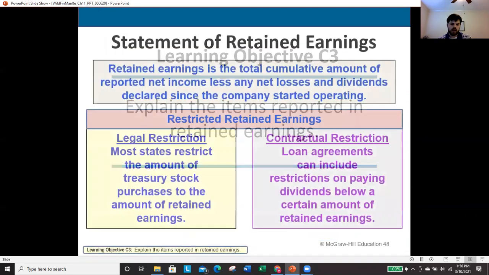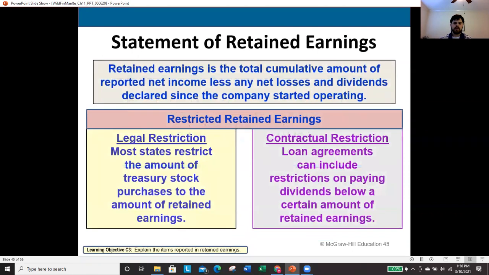Very good. Now, my statement of retained earnings will have a couple of different areas of it. So we'll see that retained earnings, of course, is the cumulative amount of reported income less any net losses and dividends declared since the company began operations. So there are two different types of restrictions that I can actually see on retained earnings. The first of these is what is called a legal restriction. So most states, of course, restrict the amount of treasury stock to the amount of retained earnings.